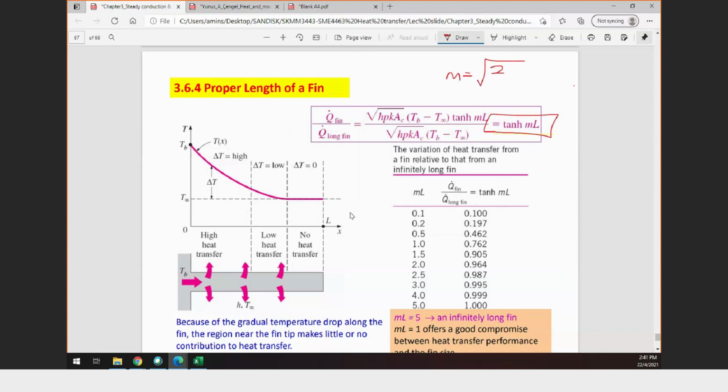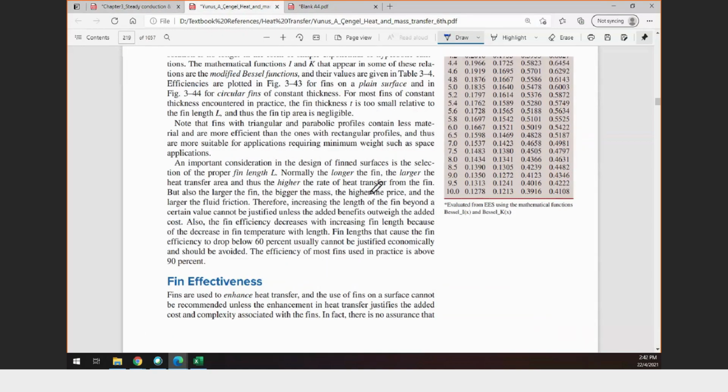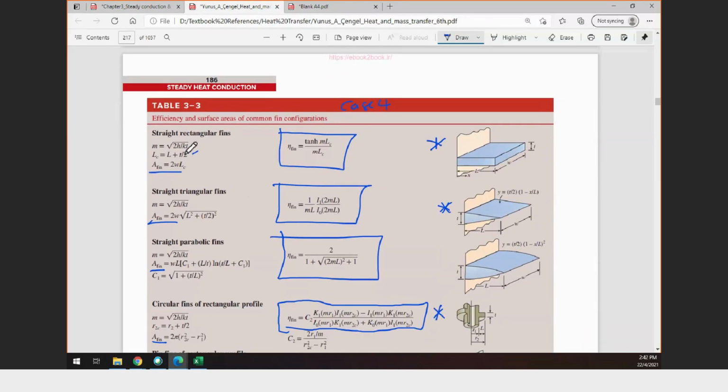The m is the square root of hP over kAc. Sorry, in general it is h, the convection coefficient, times the perimeter, divided by the thermal conductivity, divided by the cross section of the fin. Or if you know the fin shape, then you can use the table to calculate m here.